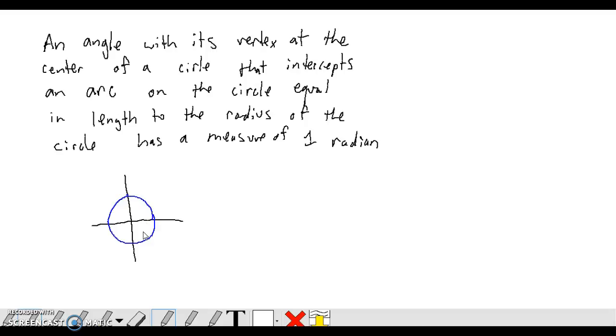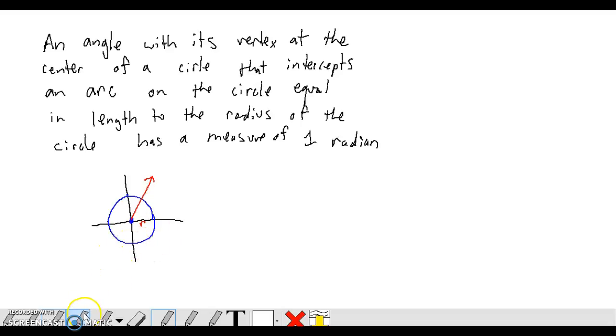So our definition of a circle is that if this is our center right here, the radius of my circle, from here to here, is the same length as from here to here, or any ray that I draw.